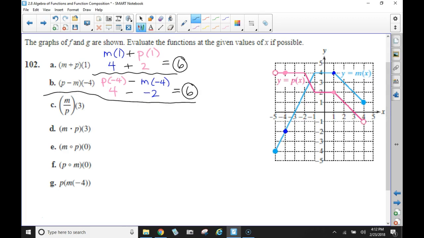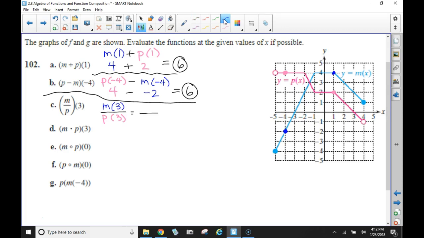Crazy. All right, on part C, we're going to have M divided by P evaluated at 3, which is M evaluated at 3 divided by P evaluated at 3. Let's see what each of those values are.